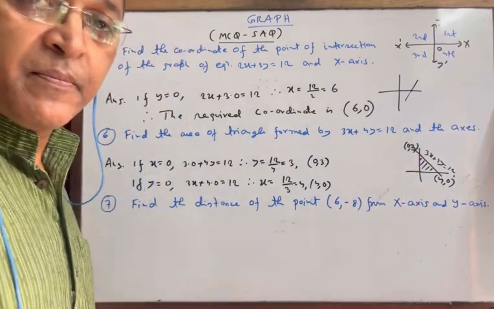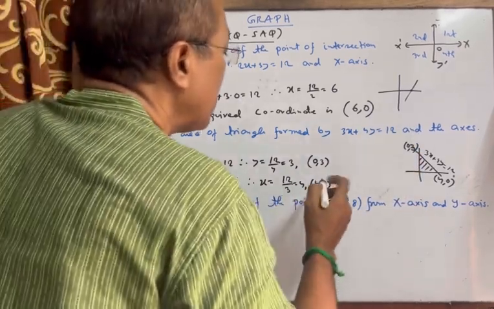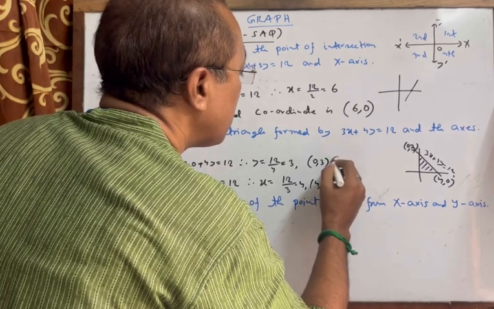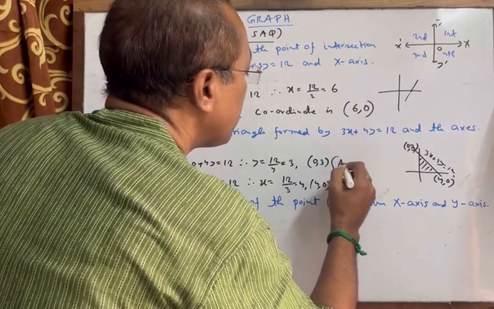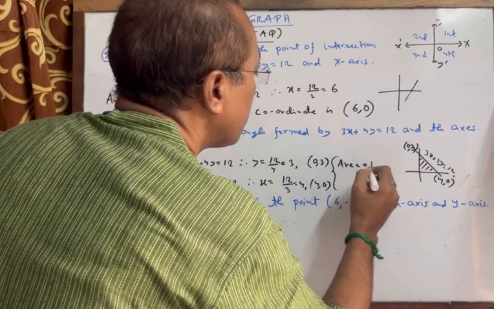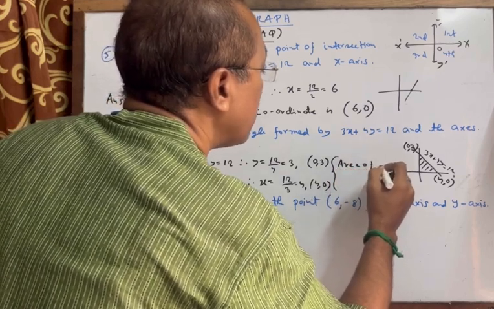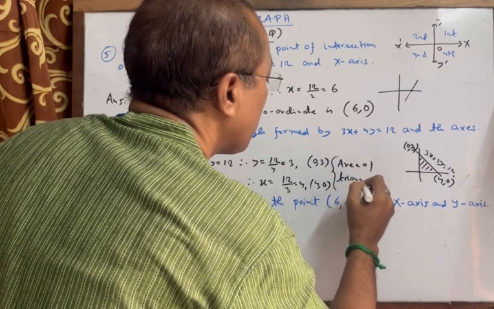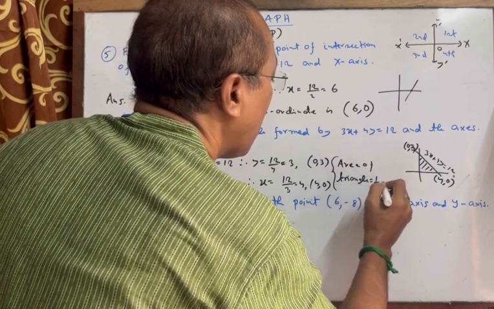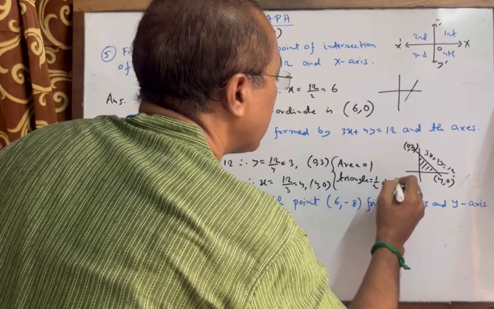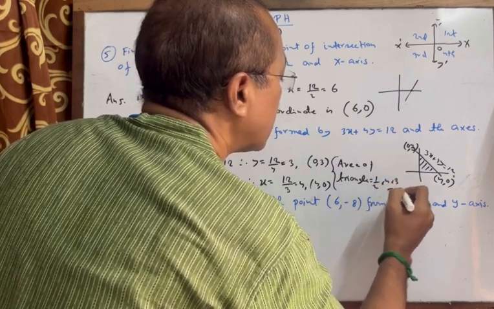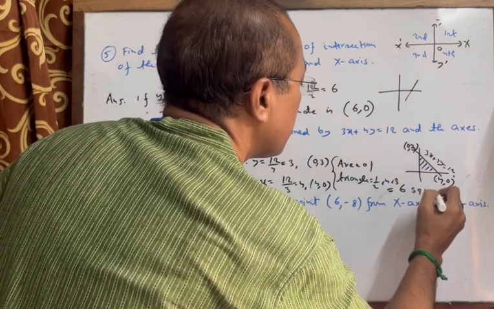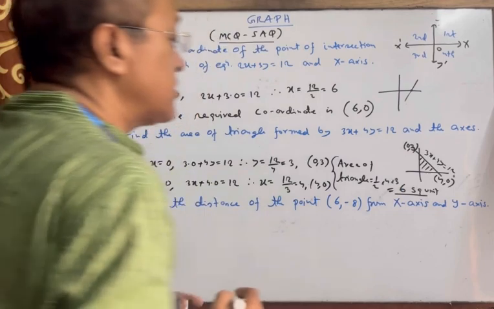It's like this. Therefore, area of the triangle will be half into 4 into 3, that is 6 square unit.